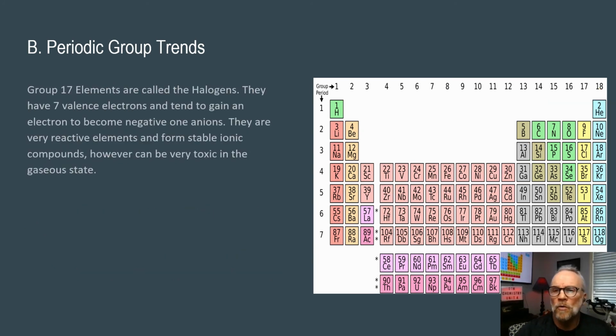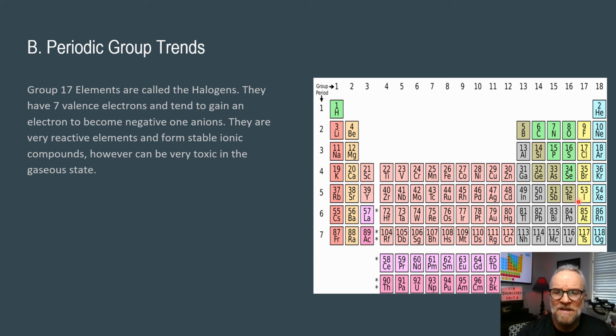Continuing on, group 17 here are called the halogens. They have 7 valence electrons, and they want to gain one to be like the noble gases, or become more stable and less reactive. These elements are extremely reactive, and in their elemental form, they are diatomic. All of these are diatomic, except for astatine, which is a radioactive element.